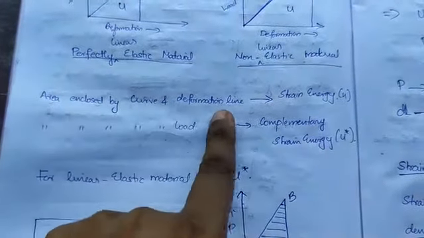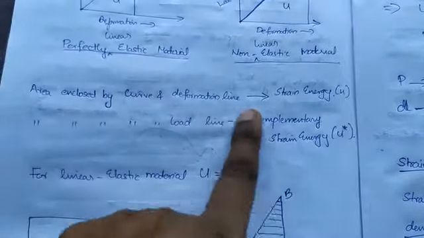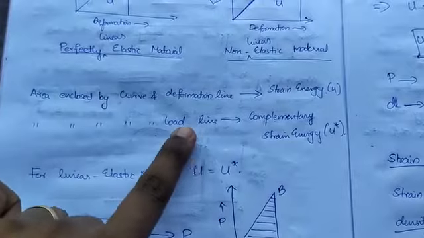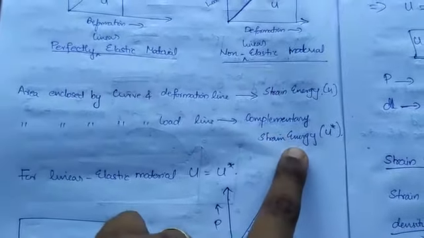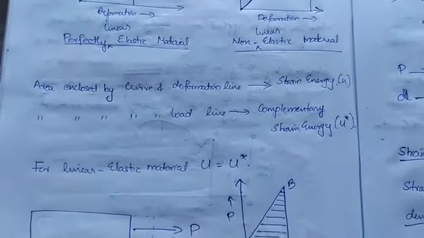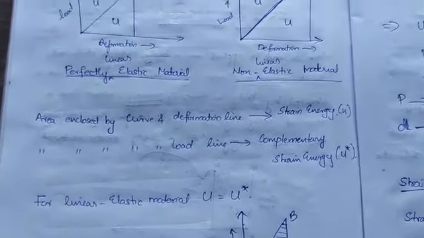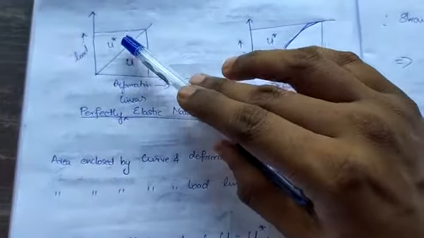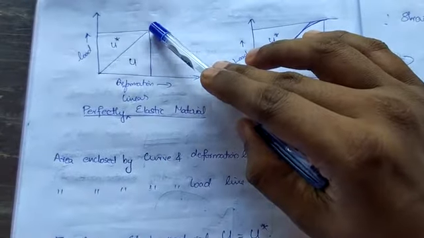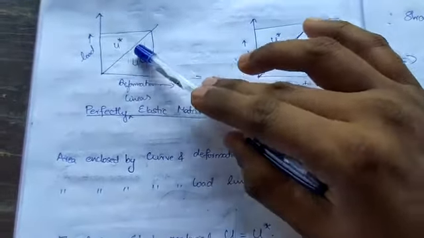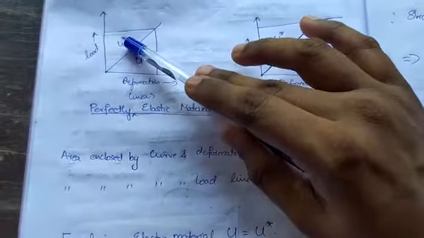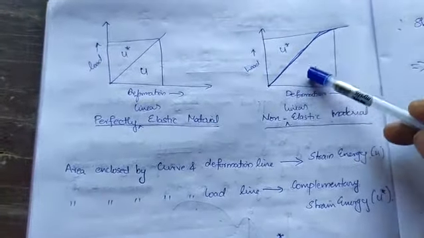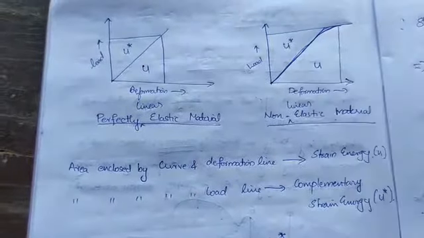The area enclosed by the curve and deformation line is called strain energy, denoted by U, and the area enclosed by the curve and load line is the complementary strain energy, given by U star. For a linear elastic material, U is equal to U star. You can see that if this is linear, then this triangle and this triangle will have the same area. Whereas here, this strain energy is greater than this complementary strain energy.